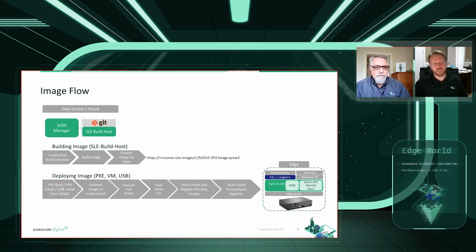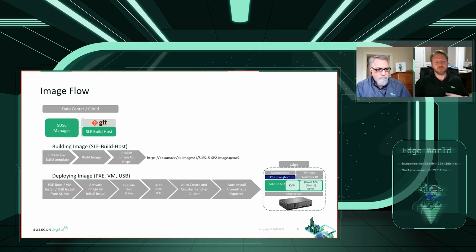So we're building that image with Kiwi, and we're using an image template that's stored in GitHub. And that image template can be modified and updated if you wanted to add in new things to your image at the edge, or if you've got some new monitoring tool you want to incorporate at the edge, then you could add that to the image, right? There's full flexibility to make updates and enhancements to what's going on here.